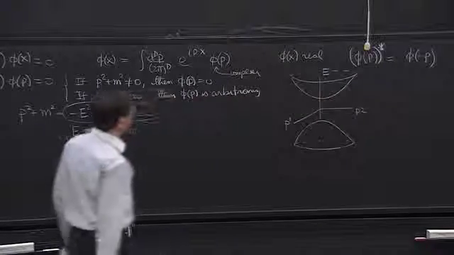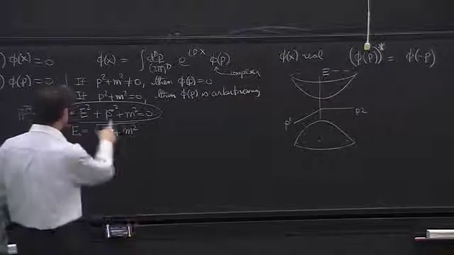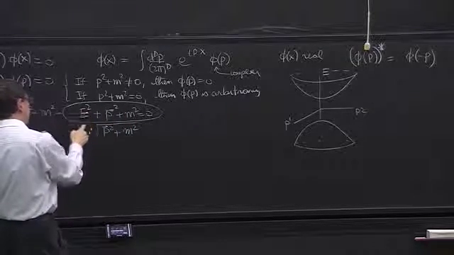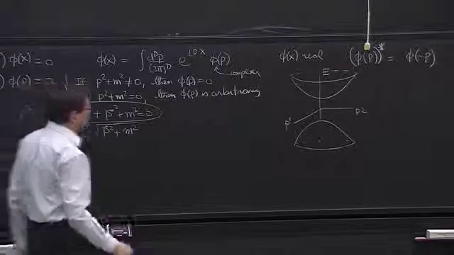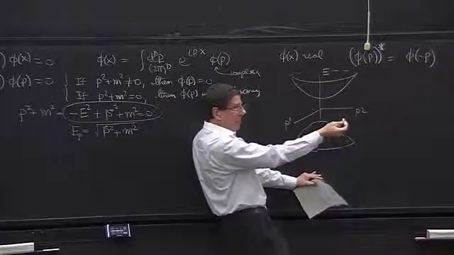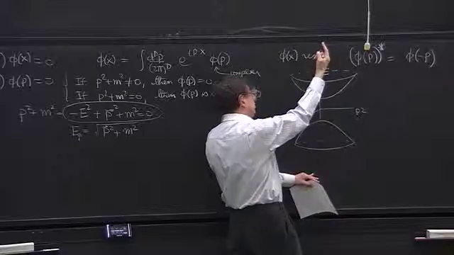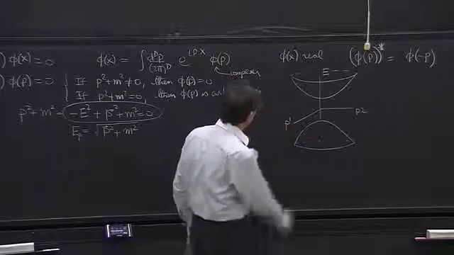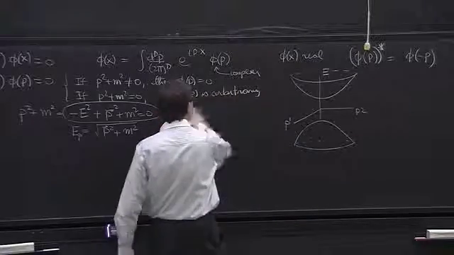So if you fix some spatial momenta on this horizontal plane, you get an energy and a minus E_p, two solutions. So this surface is here.